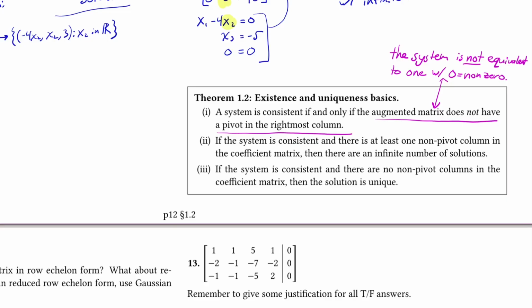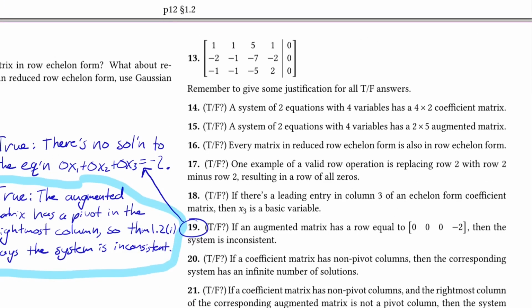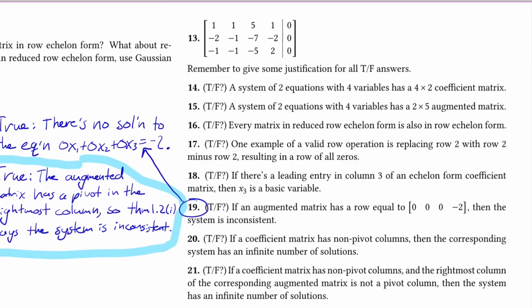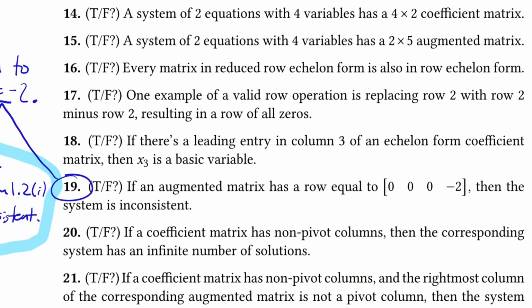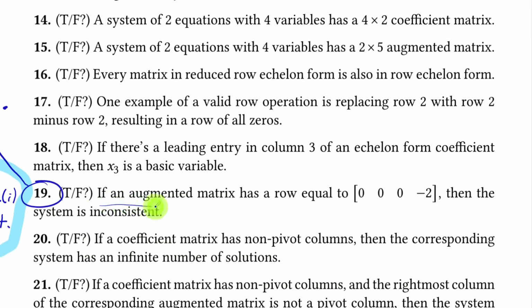Here's an example of what I mean by that. You're going to have some true or false questions where you're going to have to think about this theorem and other things you've learned about pivot positions and such. One question is number 19. This says true or false: if an augmented matrix has a row equal to 0, 0, 0, -2, then the system is inconsistent.